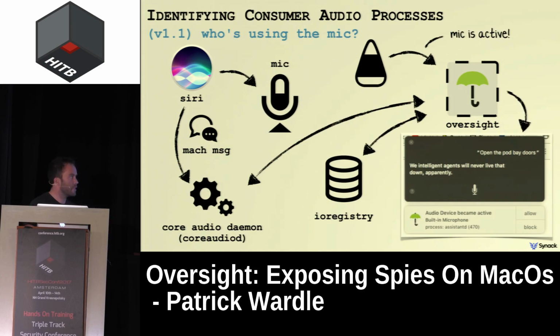And one of the main features is Oversight can now accurately detect and identify what process is using the microphone. Turns out this is kind of similar to how the webcam is detected, but there's a little more that goes on. So again, if we have an application like Siri that's accessing the mic, Oversight will get a notification from the operating system because we registered for mic alerts, and it'll say, hey, the mic just came on.